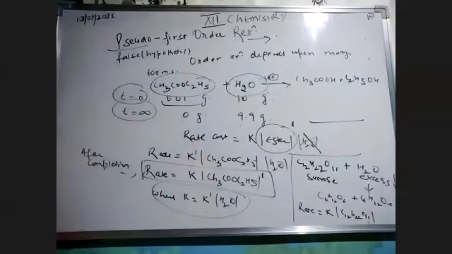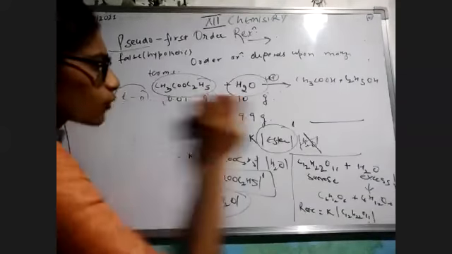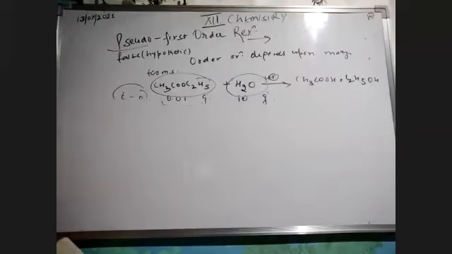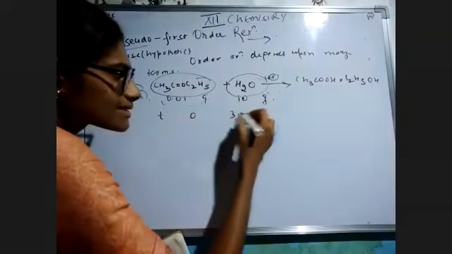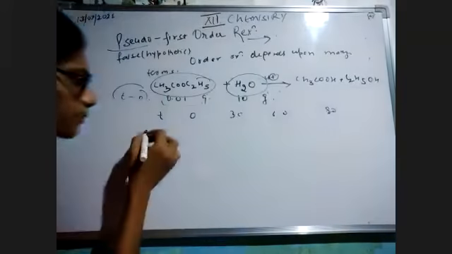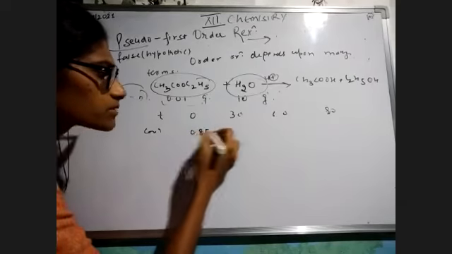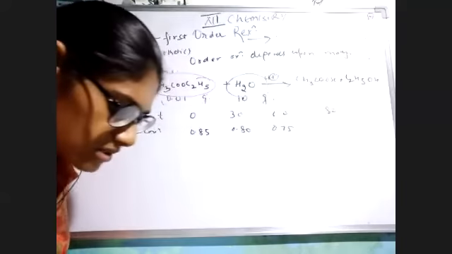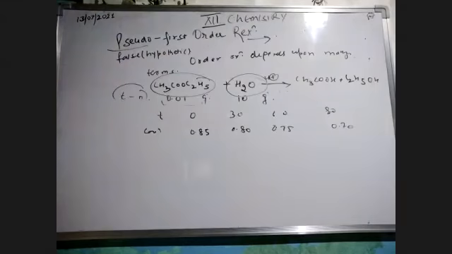The question has the same equation, ester plus water, and we are given different times and concentrations like 0, 30, 60, 80. My concentration is reducing as 0.85, 0.80, 0.75, and 0.70. And we have to show that this reaction is a pseudo first order reaction.